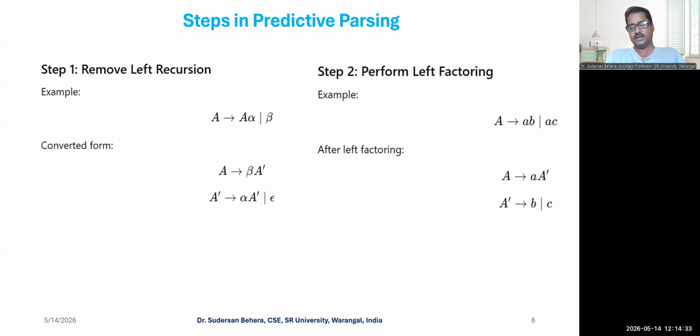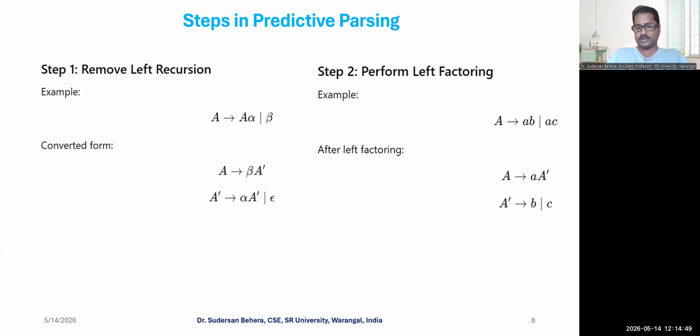This is a fine production. Then capital A dash has two productions, but none of them are starting with the same input symbol. One is B and another one is C. Now here left factoring is also eliminated.